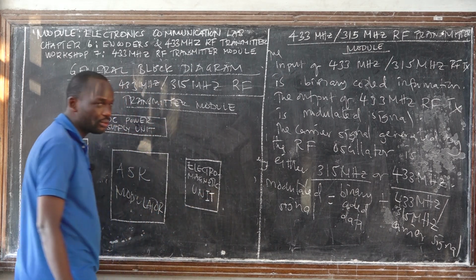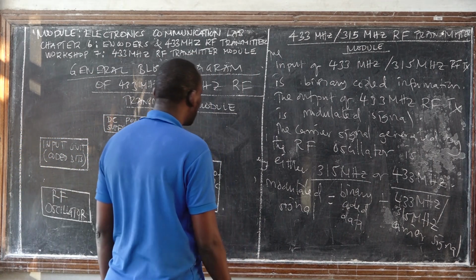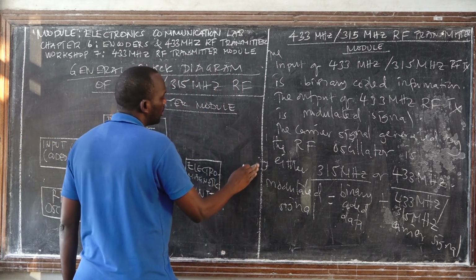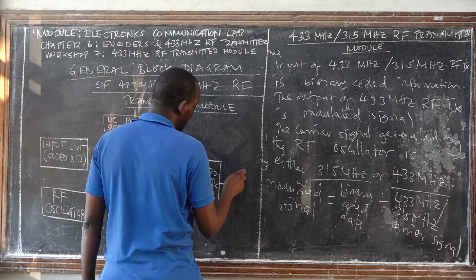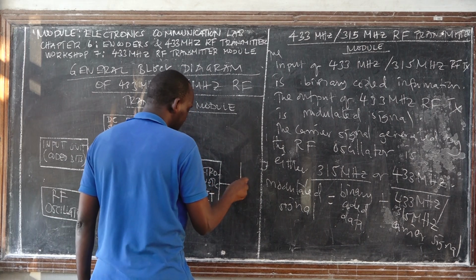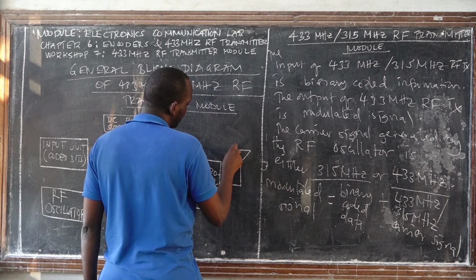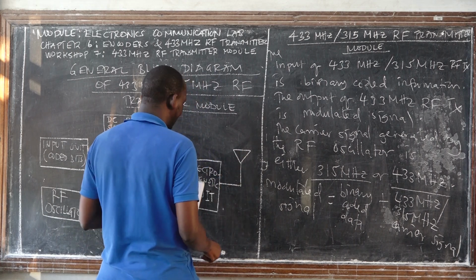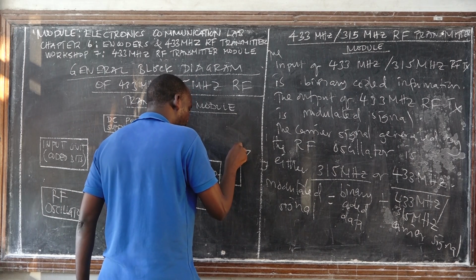Jacob, tell us the next block. Output. Are you sure? Do you think that the RF transmitter has an output? It has just output in another form.